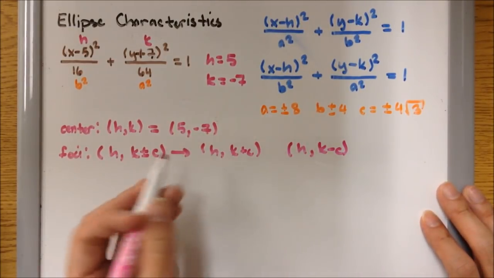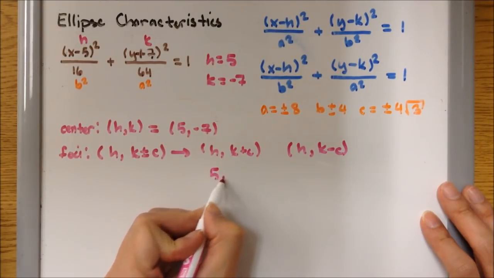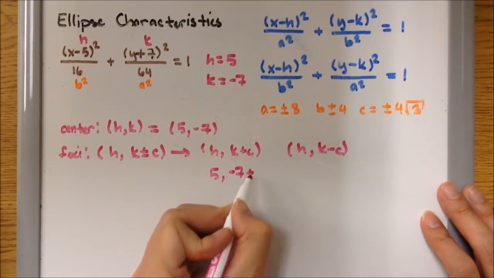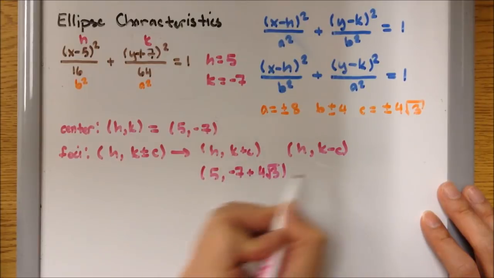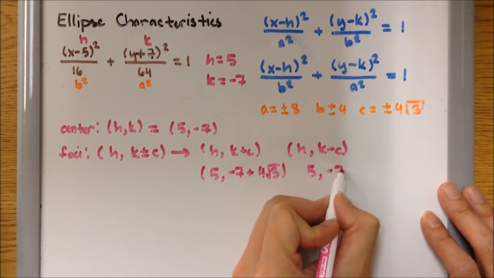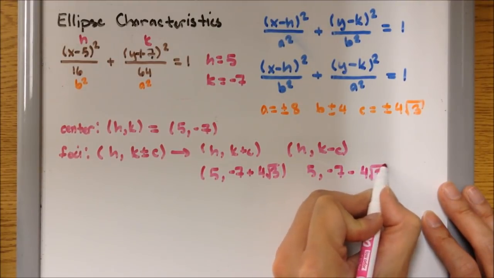So we're going to plug in the values. My h value is 5, k is negative 7, plus 4 square root of 3, and then the second one, 5, comma, negative 7, minus 4 square root of 3.